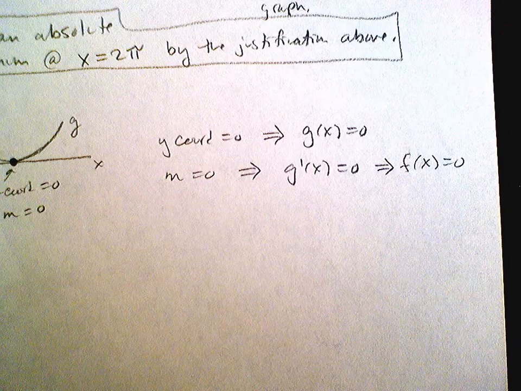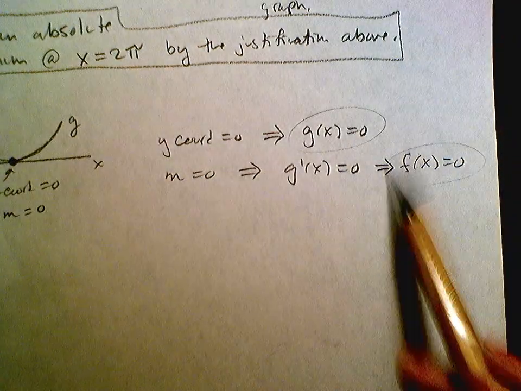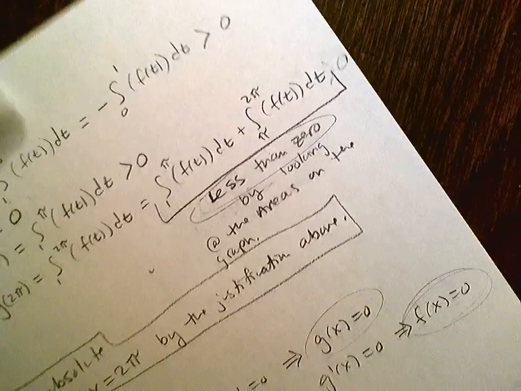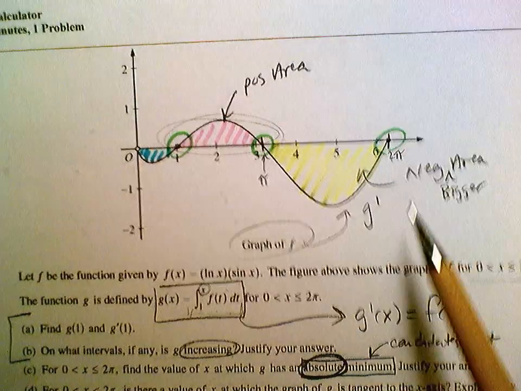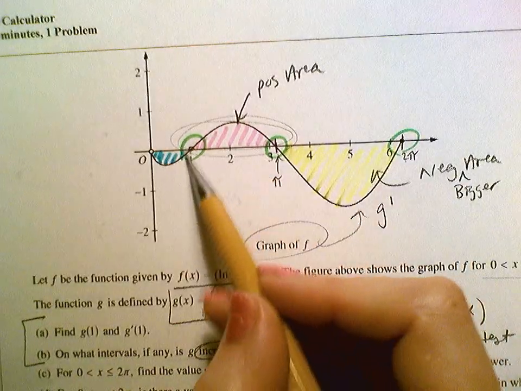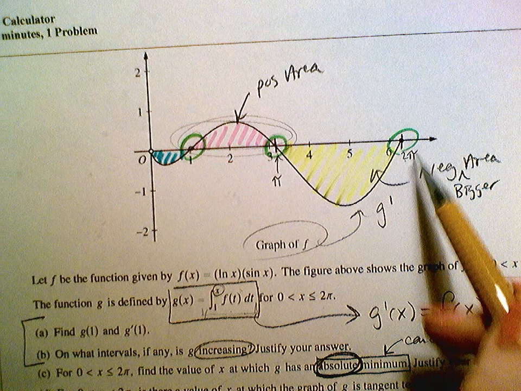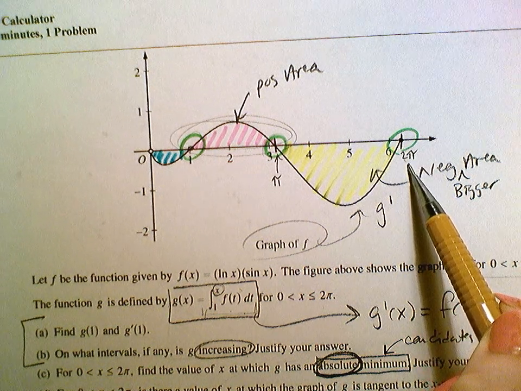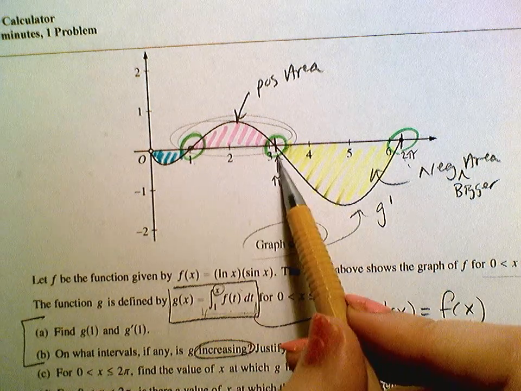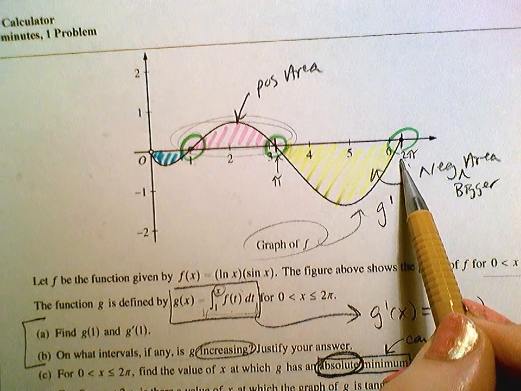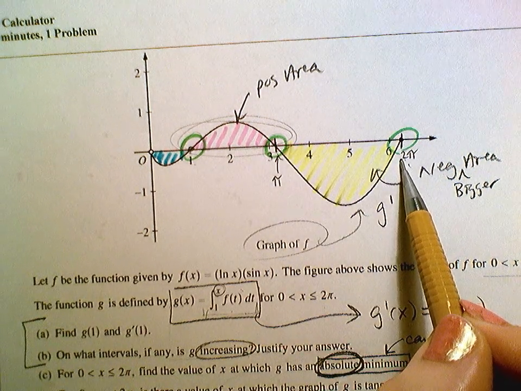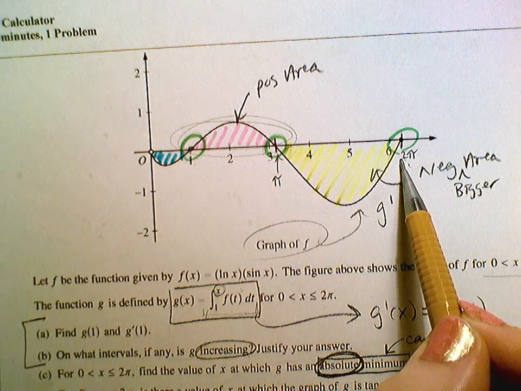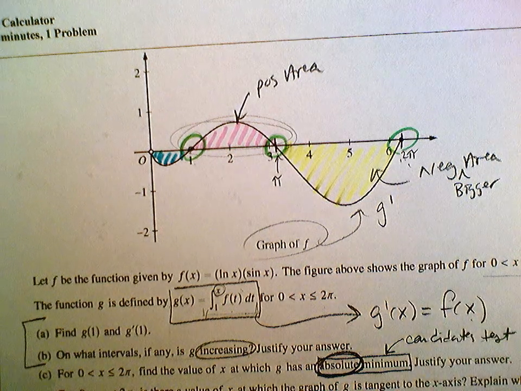So guys, we're looking for a value where g of x is 0 and f of x is 0. So we're going to look at the picture. All right. Well, f of x, this is f, it's 0 at 1, 3, and 2 pi. Out of all of those values, is there one that we know that g is 0 there?